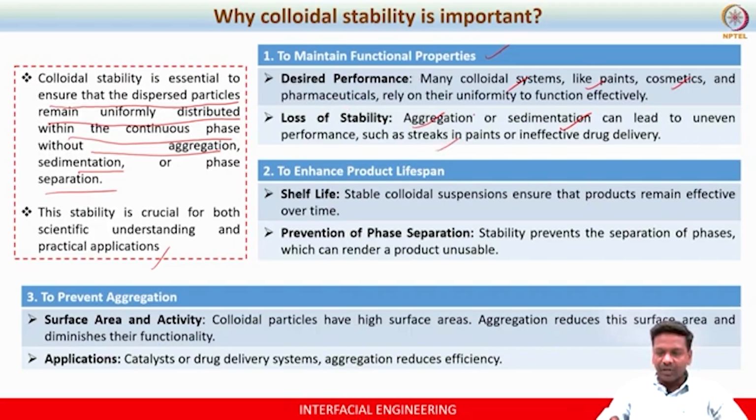The loss of stability is important. Shelf life: if you want to improve the shelf life of the product, one has to avoid this aggregation and all those things, right? And prevention of phase separation is also very important from the perspective of the finished product, right?